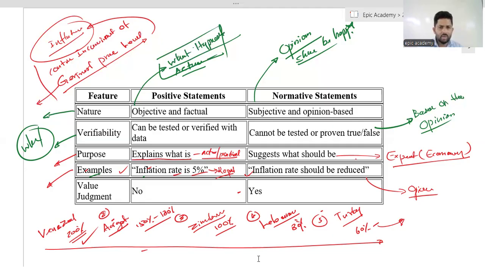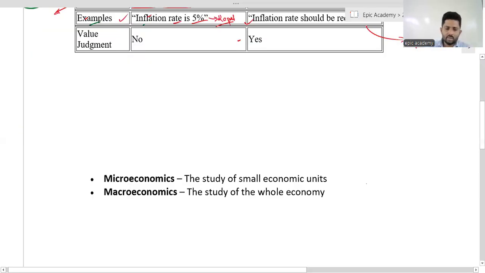Basically, we already discussed everything belonging to positive statements and normative statements. Differences, definitions, examples, comparing the positive statements with the normative statements. Already done. Okay. Now it is time to describe the main two branches of the economy. It is microeconomics and macroeconomics.